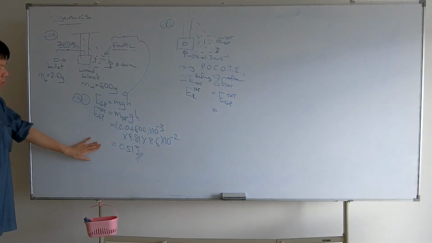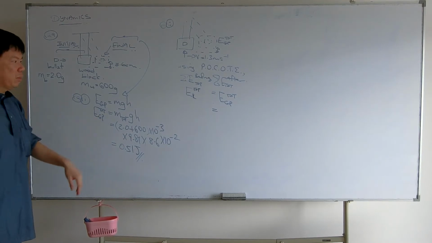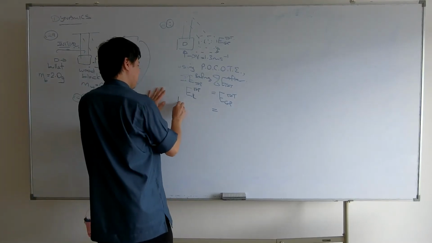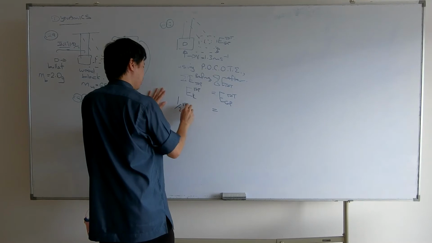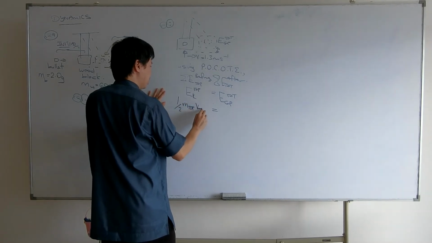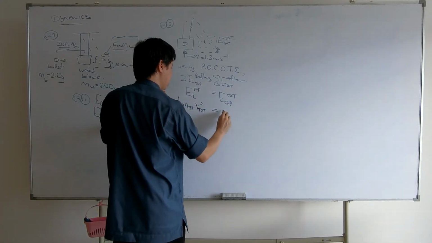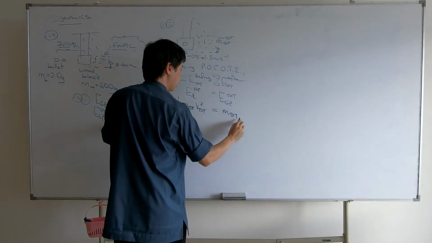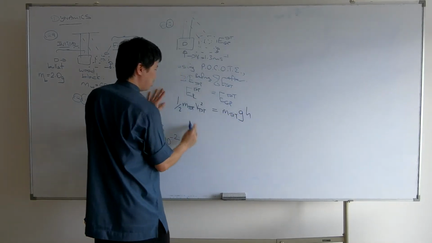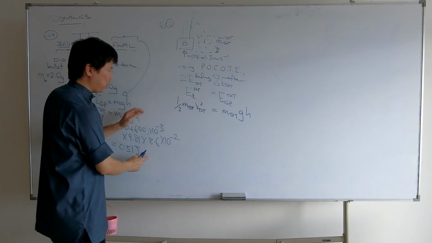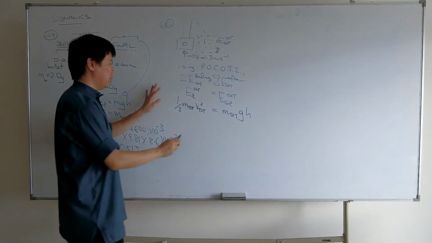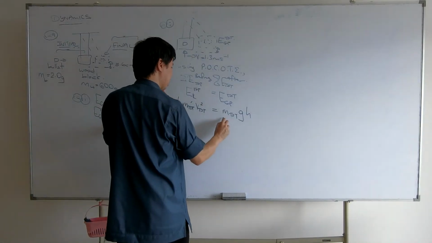We can either use this value or we can simplify. What I mean by simplification is that half m total v total squared is equal to m total gh. Using this, we can do the cancellation.